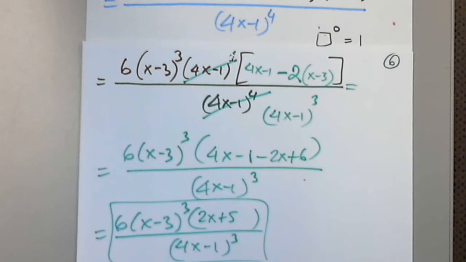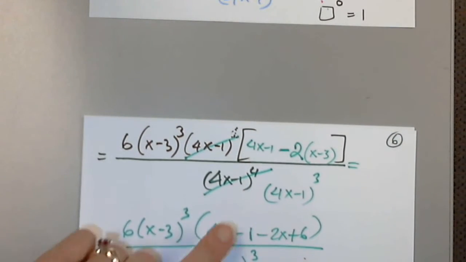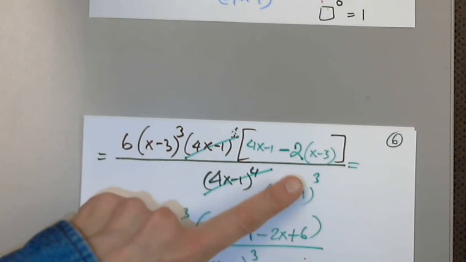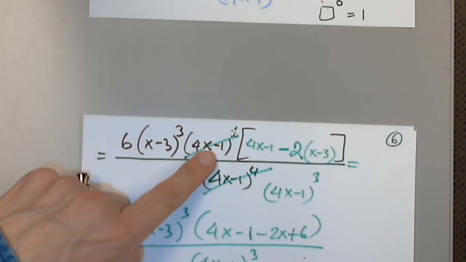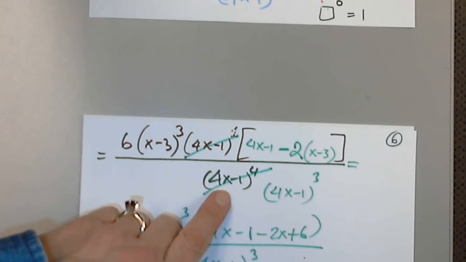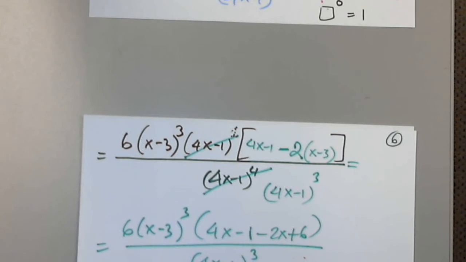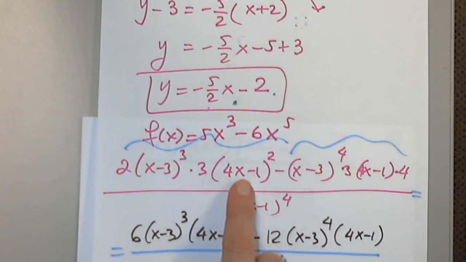Okay. Yes, Kelsey? Number 4 on the white pink paper? Yes. Any questions on this? Yes, please, Heather. The bottom is still going to be cubed or is it going to be squared? 4 minus 1 is 3. I took 1 away from the top and I took 1 away from the bottom. But can I simplify this with this? No. It's the same reason I cannot simplify this with this.